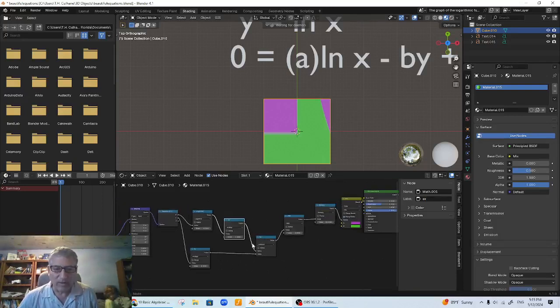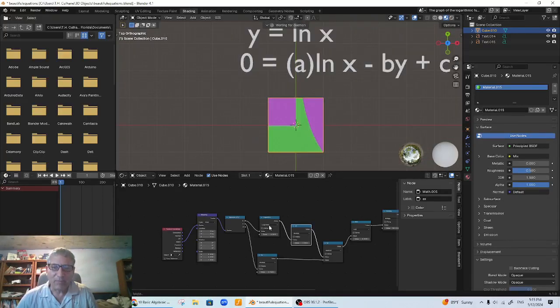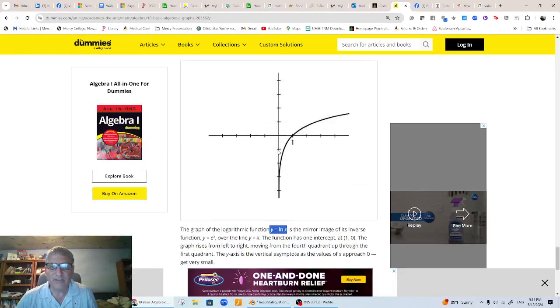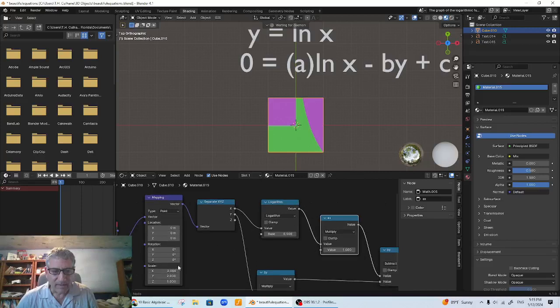We got something really weird because we are not using natural logs. So let me just bring the scale up and see if that changes anything. If I go 2 here and 2 here, what did we get? What did we end up with? If we look at the basic algebra, maybe we did something. So it's a curve. It goes over there, but this is not the natural log. So that curve is kind of weird.